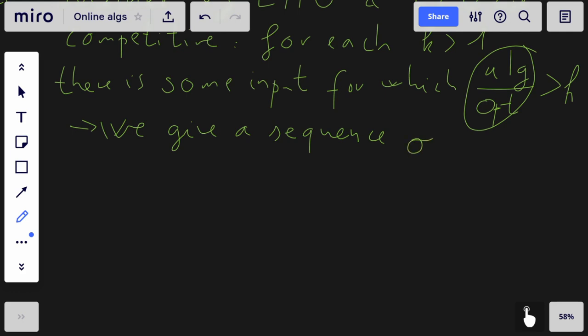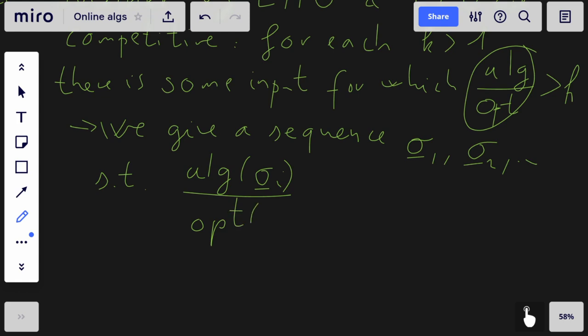So it will be a sequence, the first input sequence, the second input sequence, and so on, such that the algorithm's cost on these sequences divided by the optimal cost on these sequences tends towards infinity.